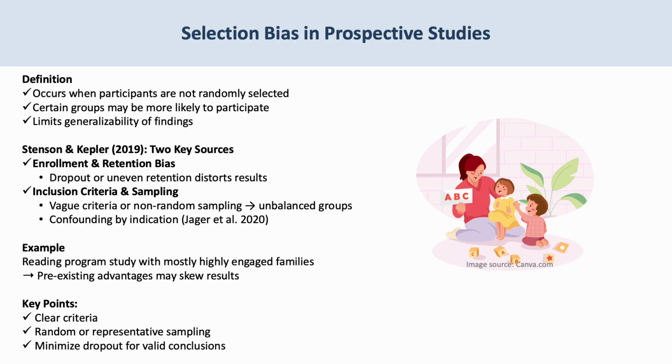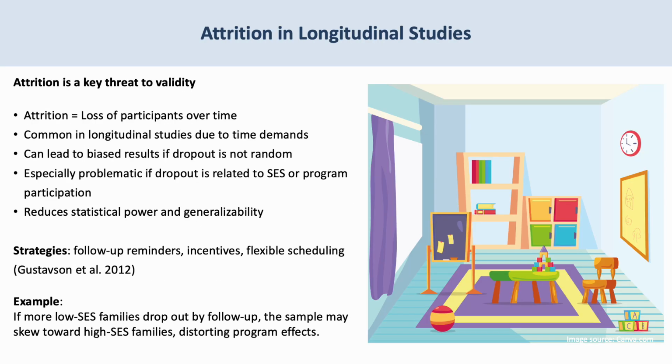That's why it's important that we focus on a carefully designed recruitment strategy with clear and inclusive criteria and proactive measures to minimize dropout over time. These steps are essential to reducing selection bias and ensuring that our findings are both valid and generalizable to the broader population of interest.